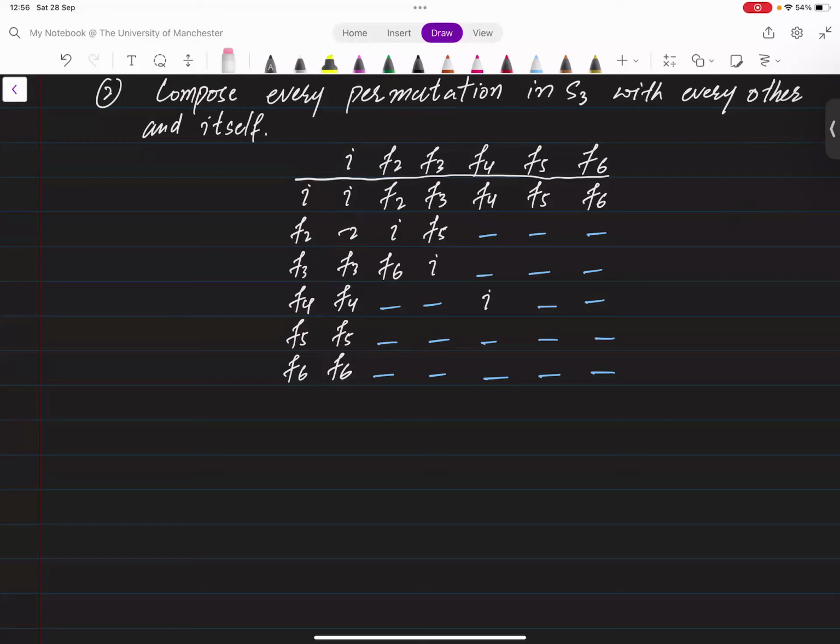So you're composing these two. That means you are doing f compose f, which is nothing but f squared.